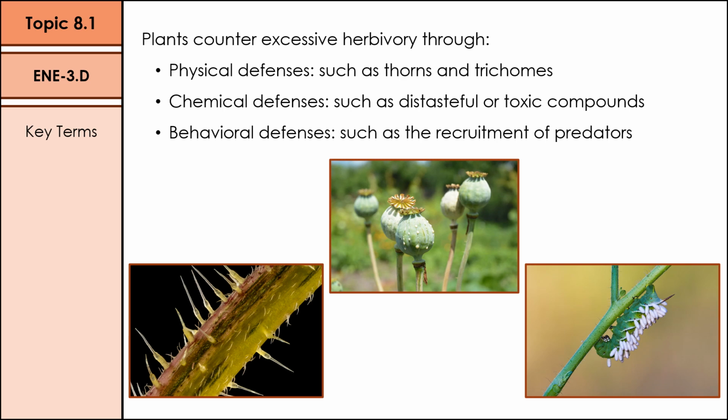Maybe you don't want to eat this thing that smells really terrible and probably doesn't taste very good if you actually eat it. And then behavioral defenses are things like the recruitment of predators. So if you are more likely to be eaten by something, sometimes it's really handy to make a pheromone that attracts a predator of that predator. And that way you kind of counter all of that excess herbivory that you are experiencing.